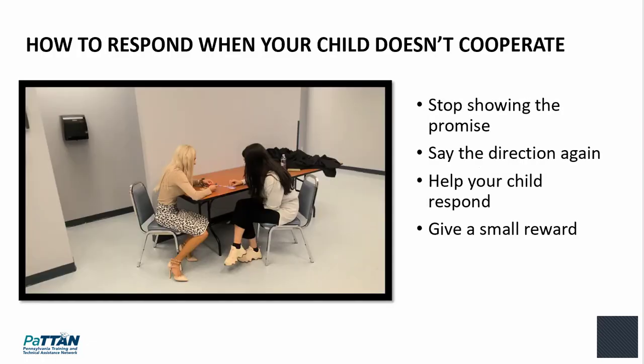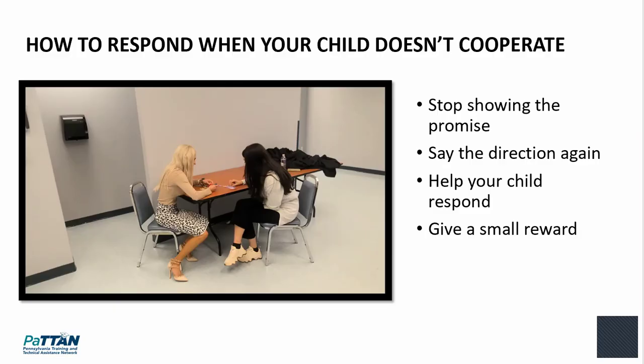Okay, so I jumped a little ahead of myself, but I like to include mistakes because mistakes are normal. They're going to happen in the learning process. So the best thing that you can do is learn to identify what those mistakes are and then learn from them. Okay, so here's what you're going to do if your child doesn't cooperate.